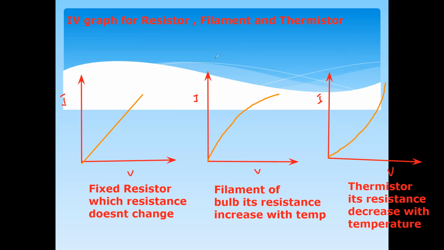So these are the three important graphs. The first one, there is no change in the resistance. The second one, resistance increases. And the third one, the resistance is decreasing. Is it clear, the three graphs for resistor, filament, and thermistor?